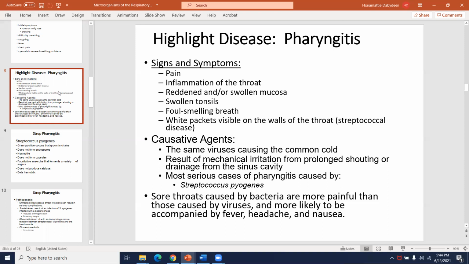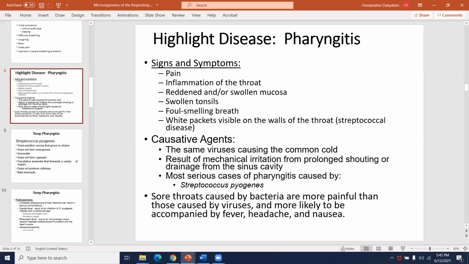But the most serious infection that I'm going to be talking about is the strep pharyngitis. So I'm going to focus on the streptococcus pharyngitis. And I made a note there that usually the sore throat caused by bacteria are generally more painful than those caused by viruses.